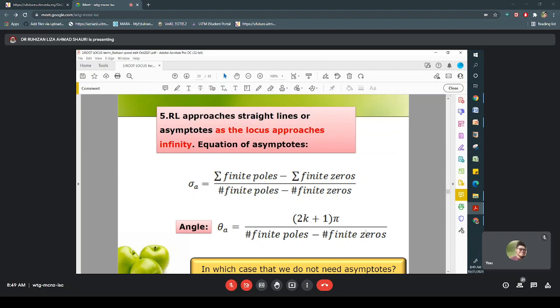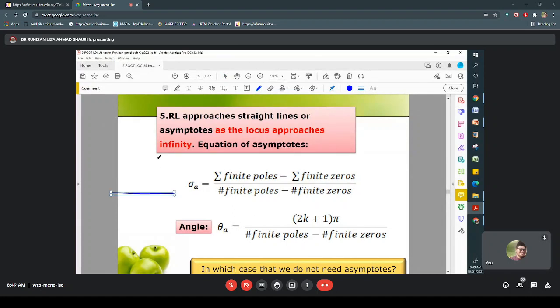Now let's take one example, a simple one will do. Okay, I draw here.